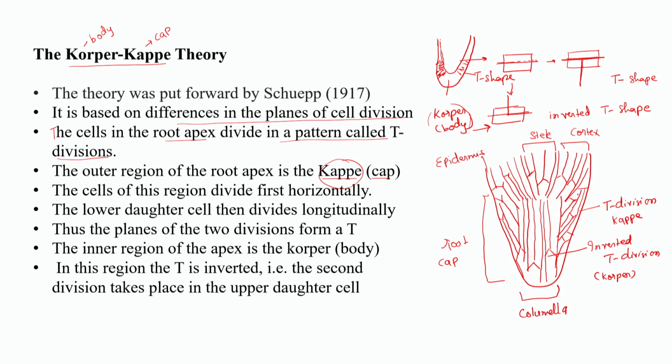Suppose this is a single cell and the outer one has divided, forming a T-shaped structure. In that case, the cells will increase and also slightly spread out.